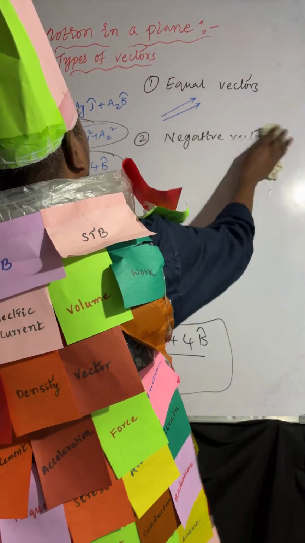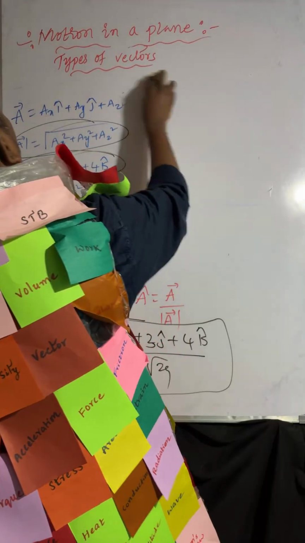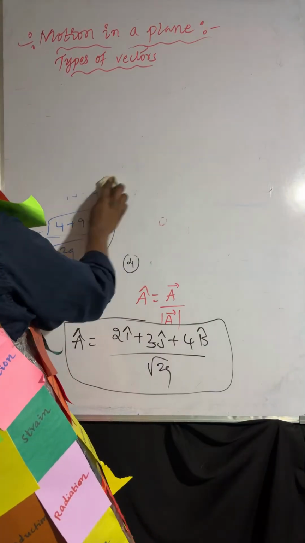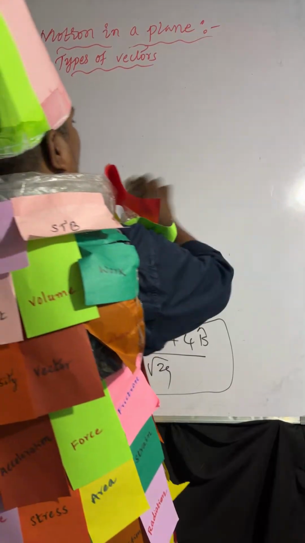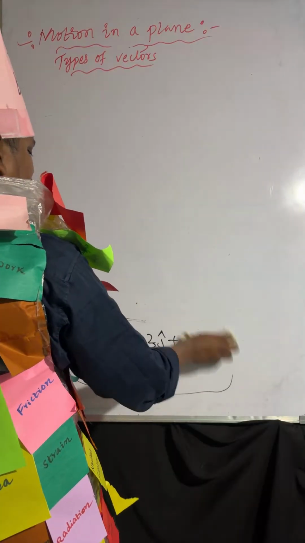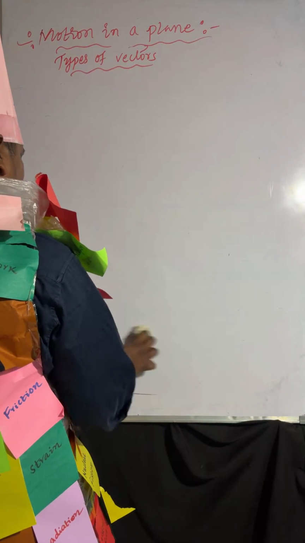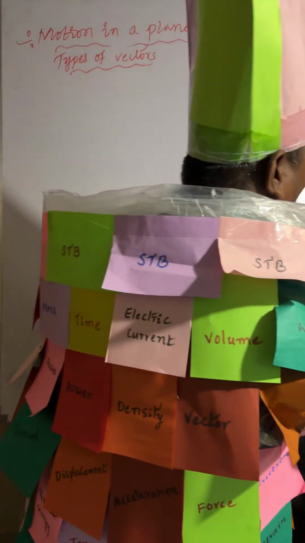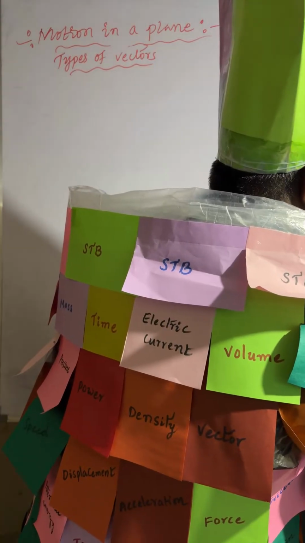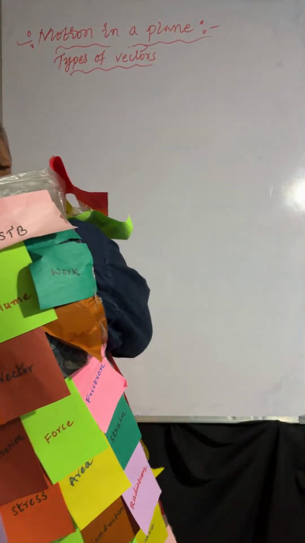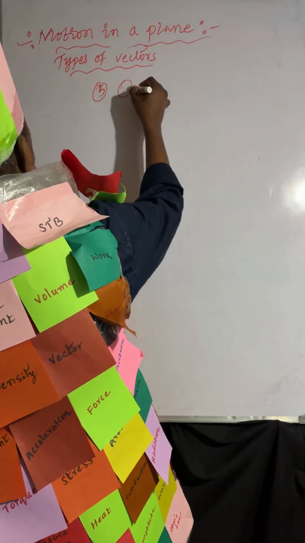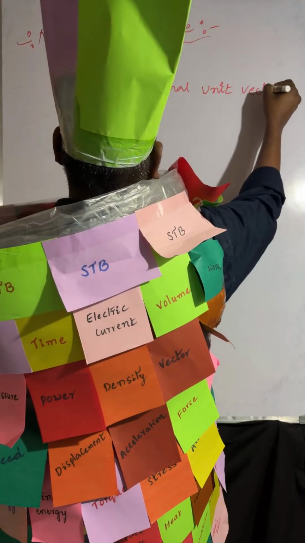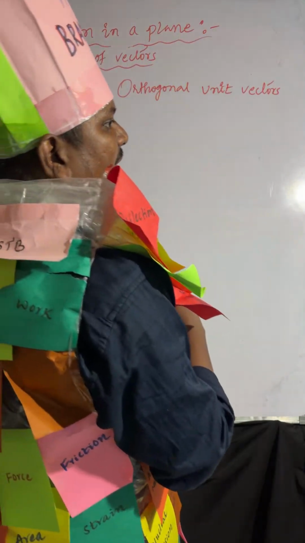Orthogonal unit vectors. Fifth one. Those are i cap, j cap and k cap.